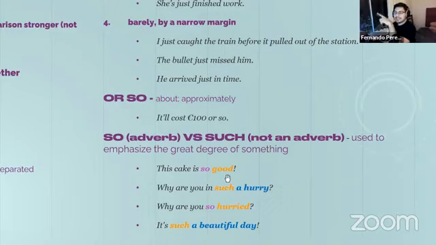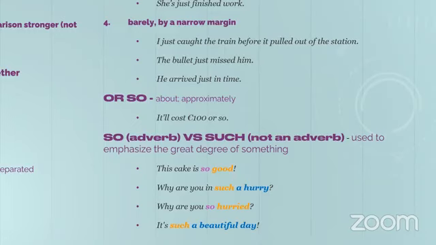The word "such" can be used the same way you use the word "so," with the same meaning. Of course, you need to check what the next word is. If you have a description, you're going to use "so." But if you have a noun, you're going to use "such."